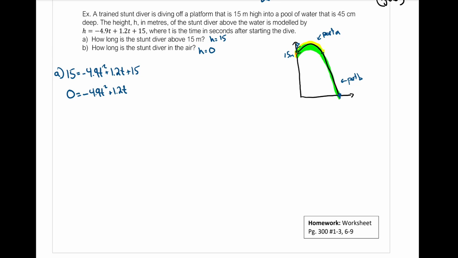Now I need to find my a, b, and c value and plug it into my quadratic formula. So a in this case is negative 4.9, b is 1.2, and c equals 0.